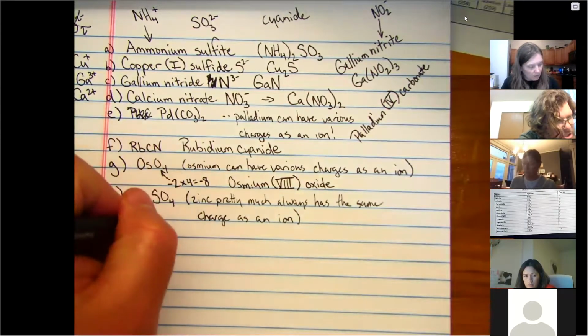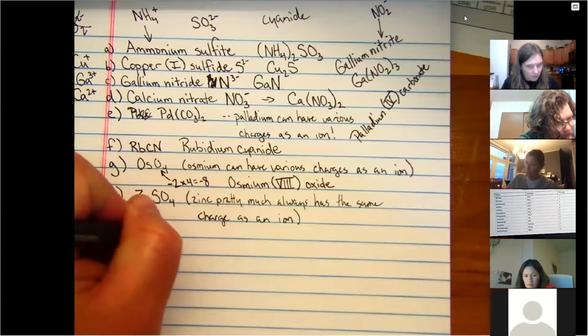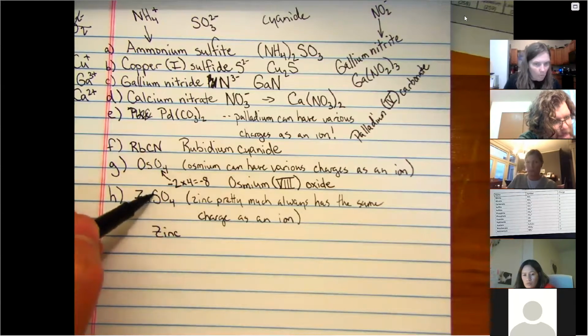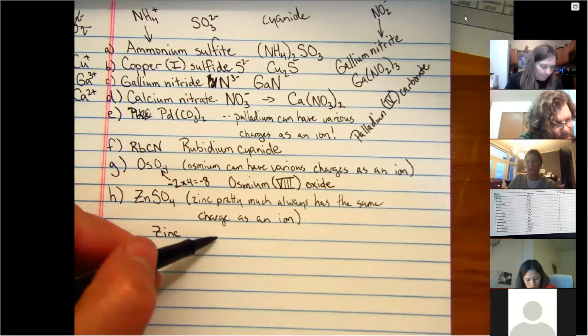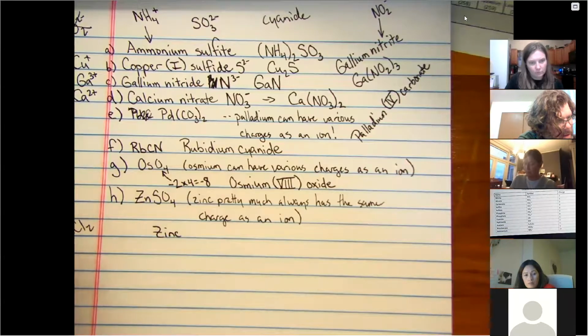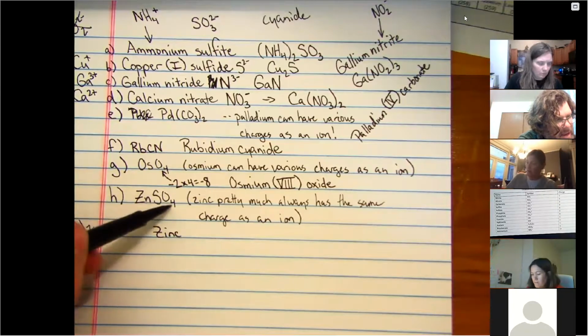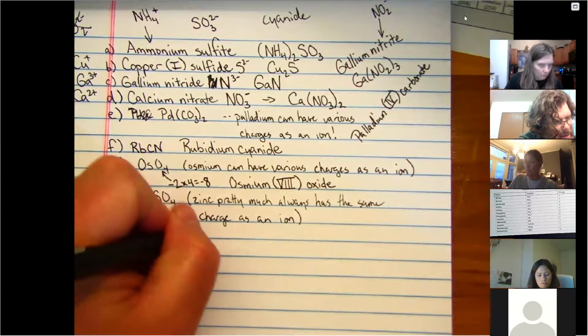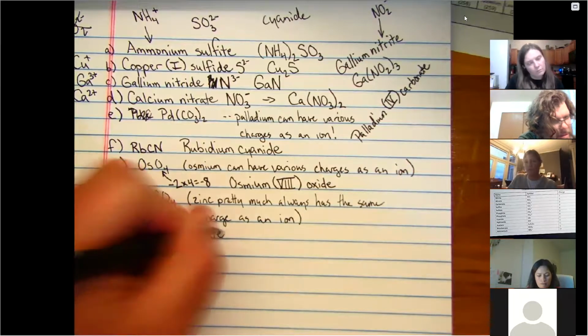So in this case, we just have to name the compound by naming the metal, zinc, and then naming what it's with. So if it was just some sort of nonmetal, we would truncate the nonmetal's name and give it the suffix "ide." So if it was ZnCl2, it would be zinc chloride. But in this case, it's with SO4 with a -2 charge. So this is zinc sulfate.